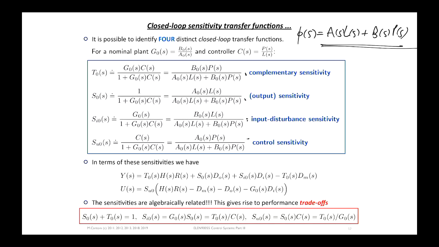Now, it turns out to also be a necessary condition. In other words, if you know all four closed loop sensitivity functions are stable transfer functions, that is to say, they all have their poles strictly in the left half plane, then this polynomial, which is called the characteristic polynomial, will only have zeros in the left half plane.